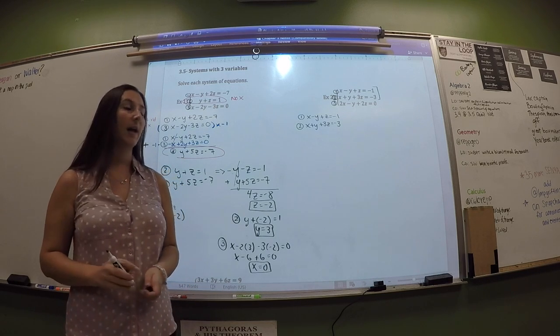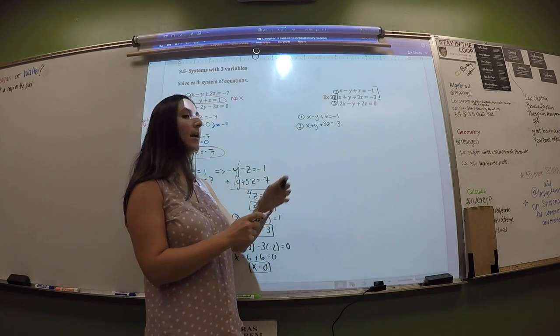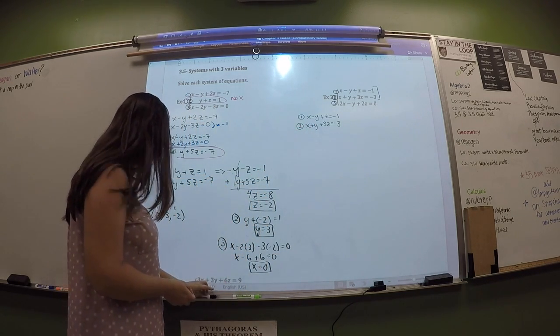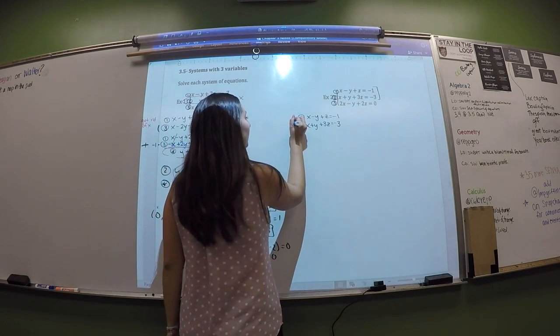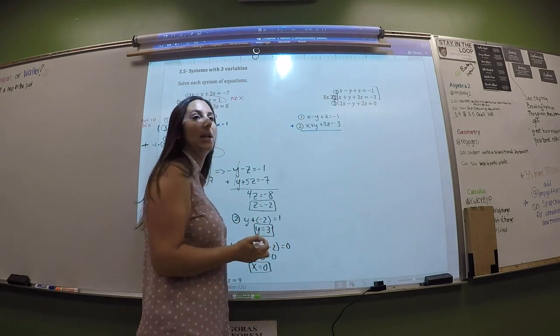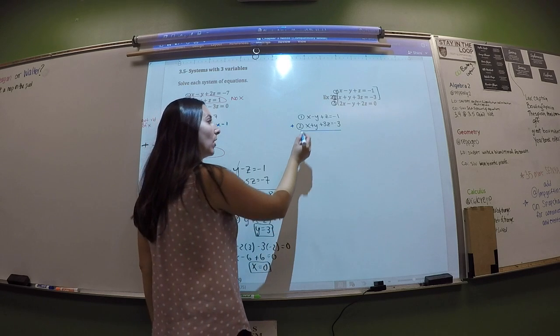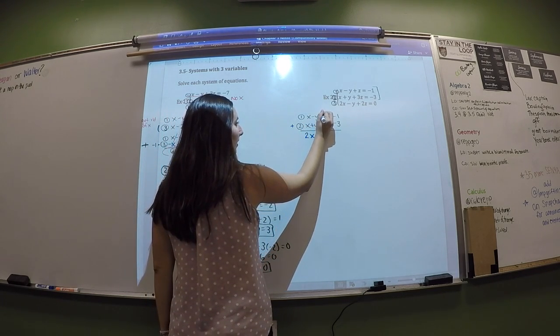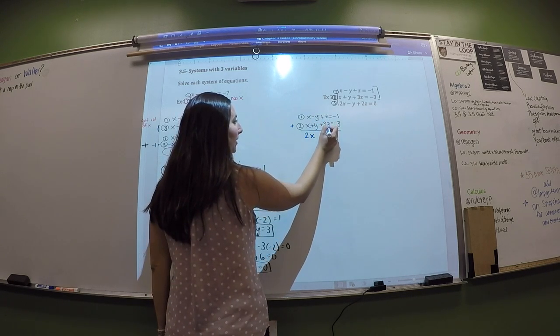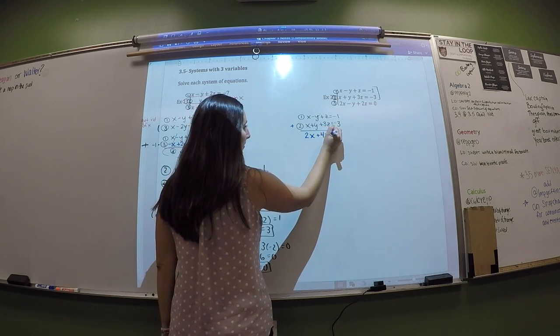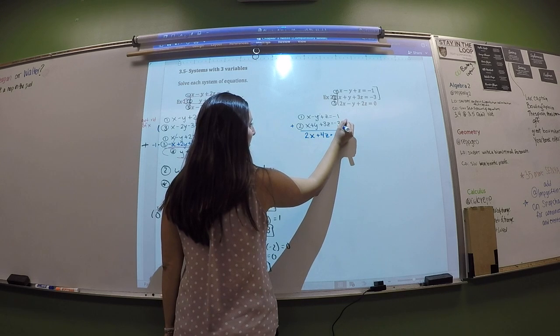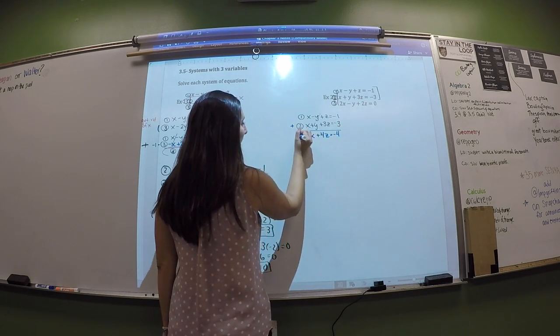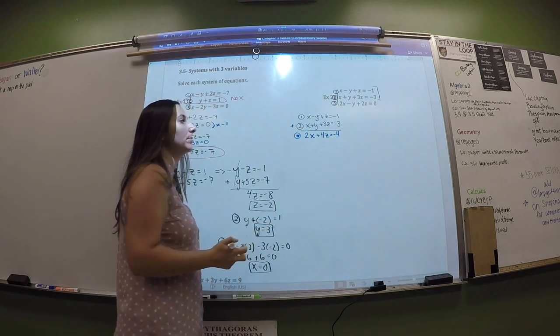No. All I have is a negative Y and a Y, so I can just go straight to adding these 2 together to get Y eliminated. So what's X plus X? 2X. These are going to be nothing. Z plus 3Z, 4Z. And then negative 1 plus negative 3. Good. And we're going to call this star.